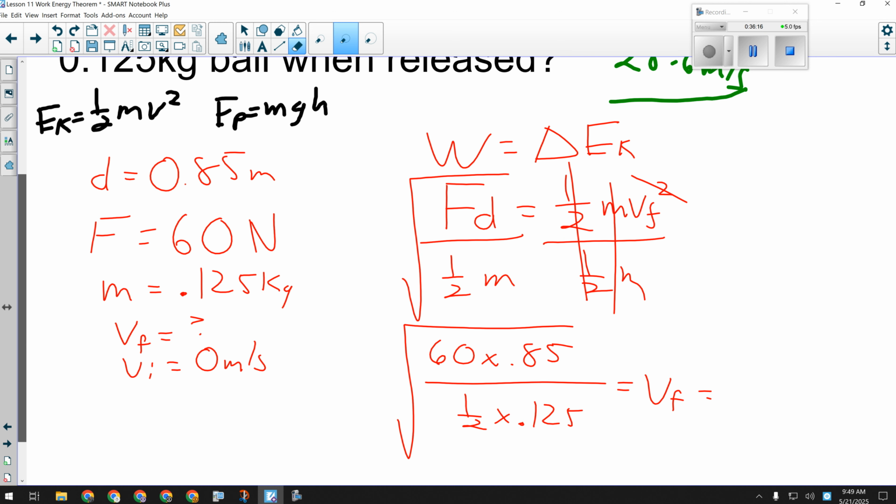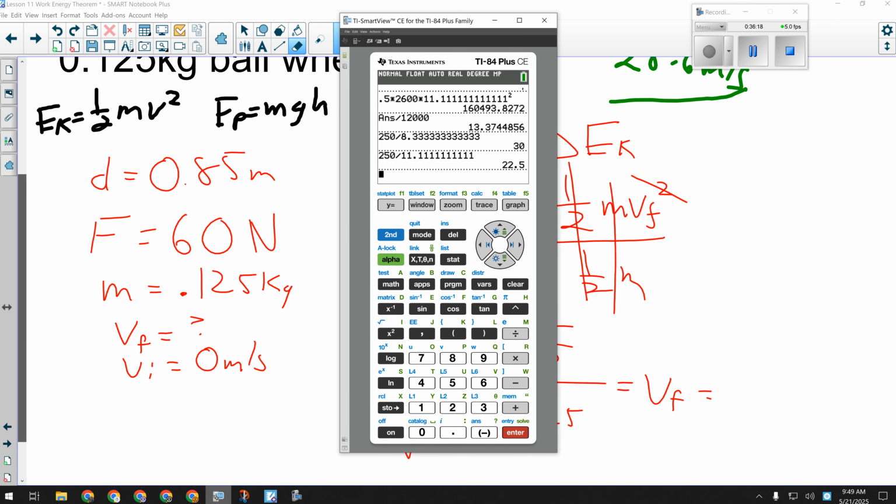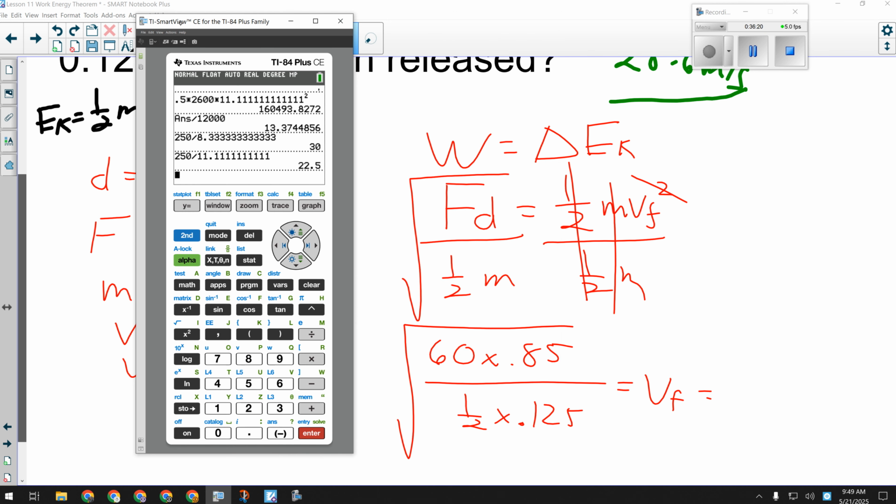Okay, so couple ways you can do this in your calculator. You can do it all in one step if you want to include all the brackets and everything. Totally up to you. But what I would do is I would just say, all right, what's the top? 60 times 0.85 equals. Okay, so that's the top.